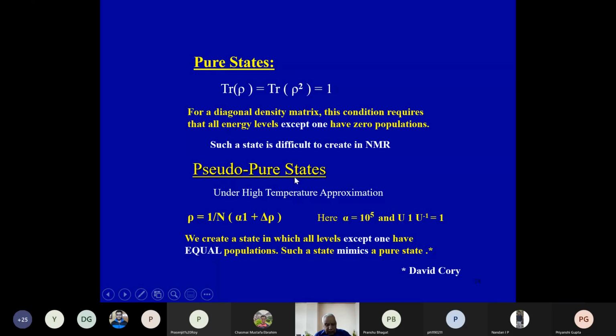What he meant was he will expand the density matrix in the high temperature approximation, which is a very good approximation, and therefore your alpha is about 10 to the power of minus 5, and this is delta rho. So we create a state in which all levels except one have equal population. Such a state mimics a pure state.